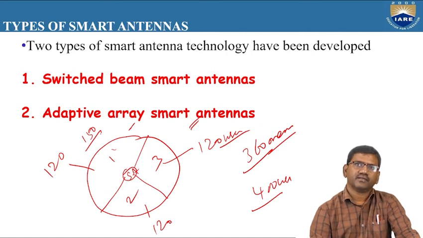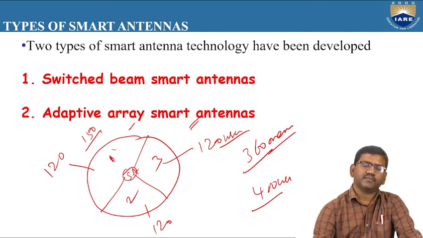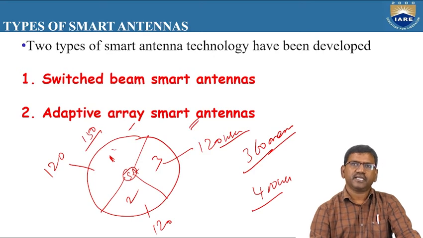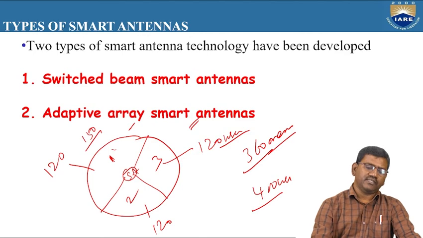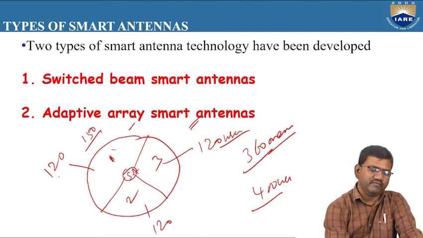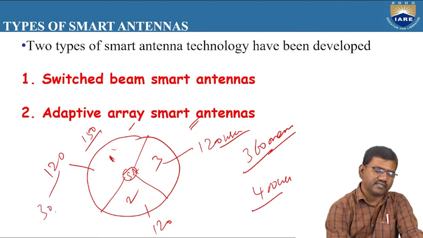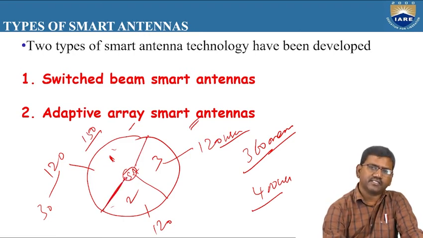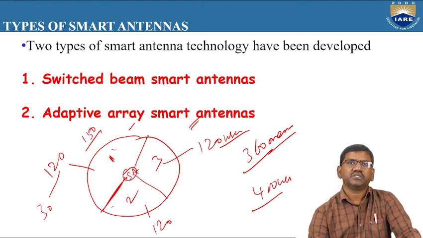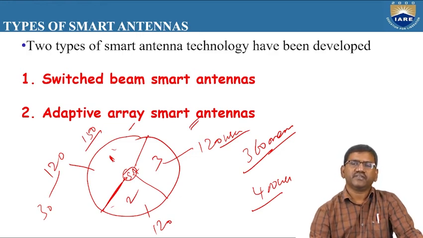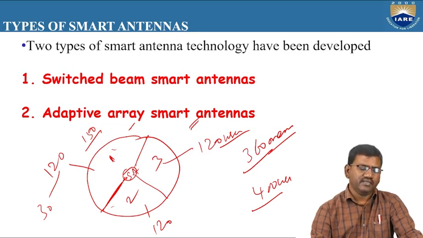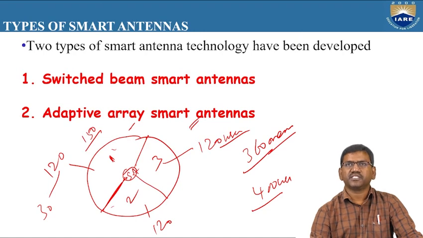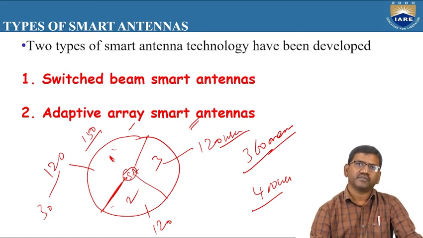As there are predefined radiation pattern beams, sector 1 cannot provide service to these 150. Its limitation is only 120 users. If it is increased to 150 users, then it cannot provide service. This switched beam smart antenna cannot provide service to the 150 users.